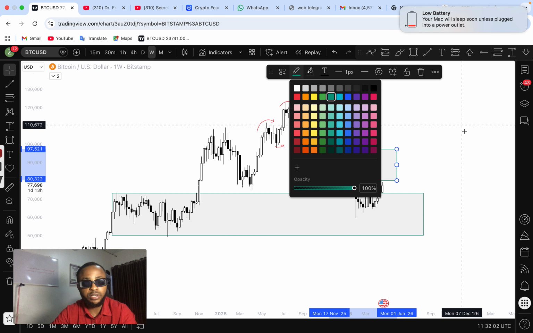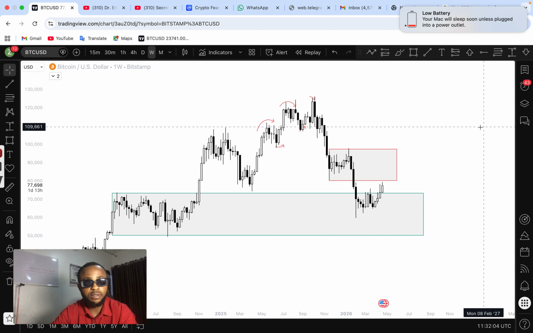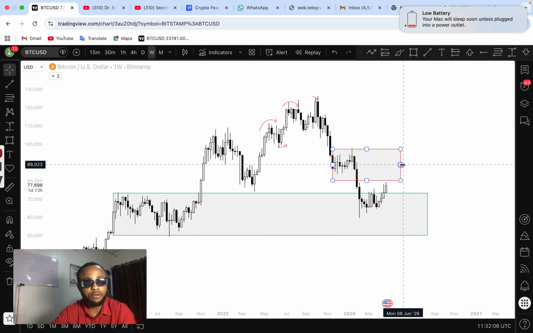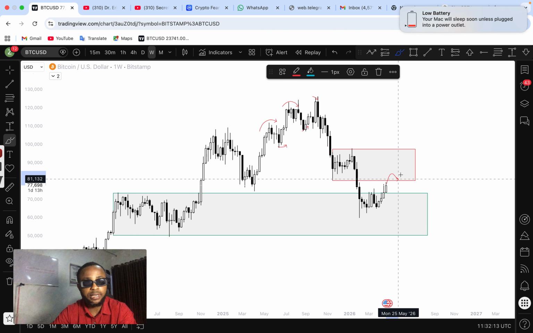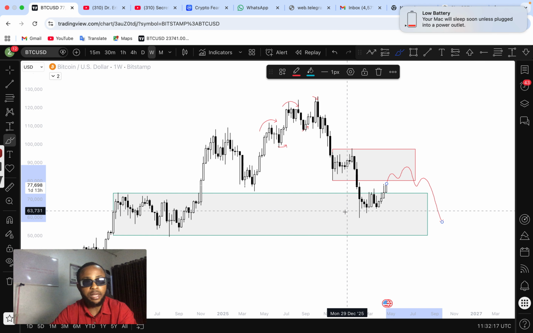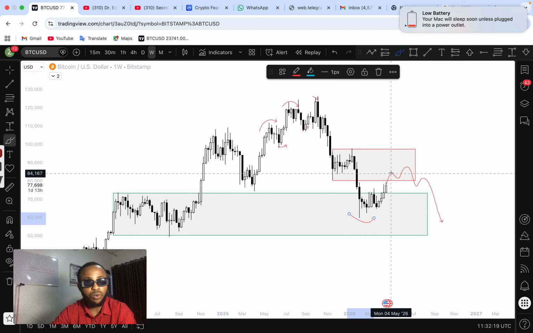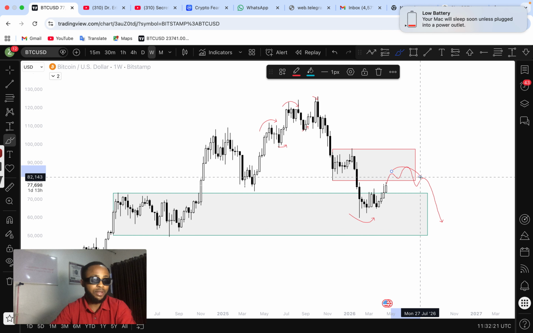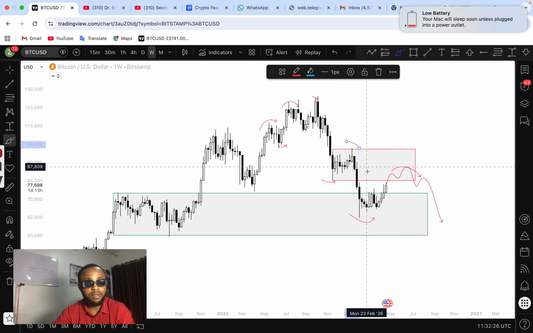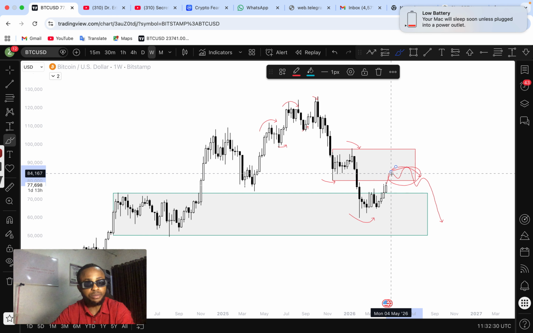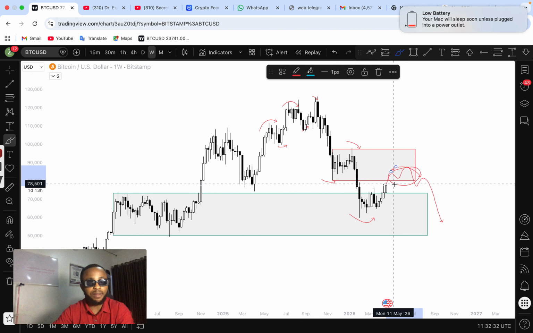Let me do this in red. So this level here is key for me on the lower time frame. What I'm looking for now is: does price actually come into this level and keep going lower, thereby forming another lower low, lower high? You can see very well because we had a lower low, lower high here, right? If that's the case, then this is where the opportunity lies at the moment on the lower time frame.